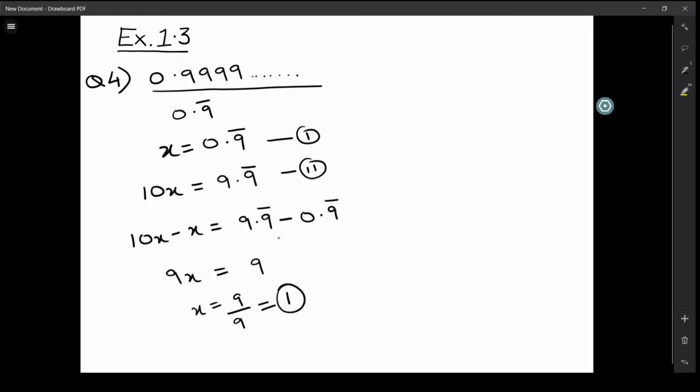And why is this? Where in our entire process of converting it in the form p by q did we do anything suspicious? It's in the step right here. The assumption that we've made in this statement is that if we subtract 0.9 with 9 repeating itself from the number 9.9 with 9 repeating itself, the entire decimal expansion cuts itself out and we're only left with 9.